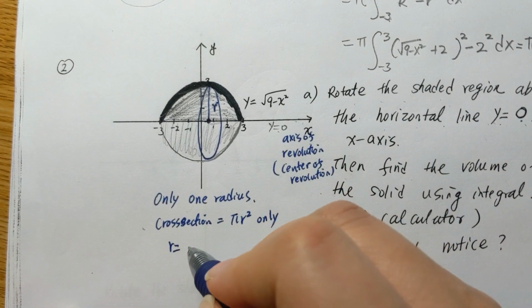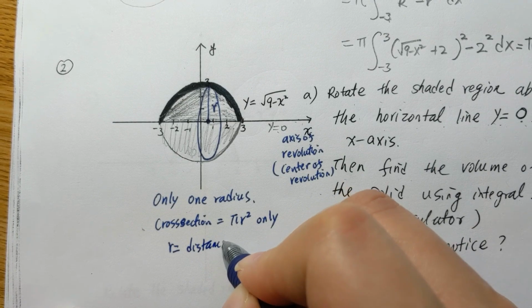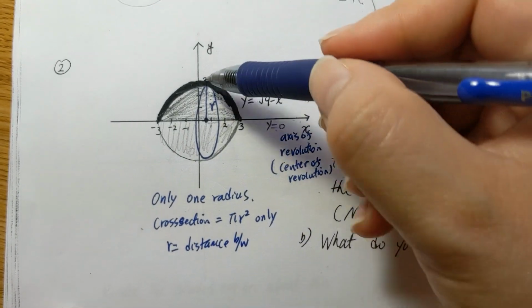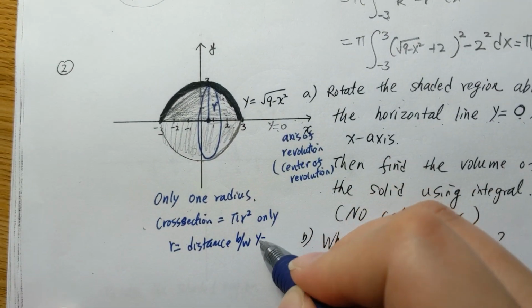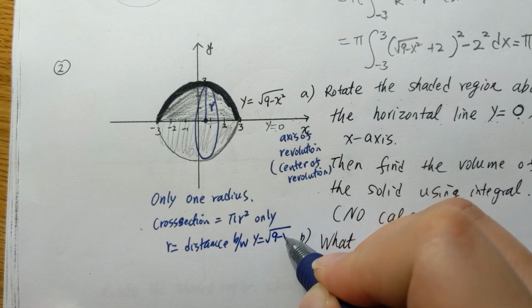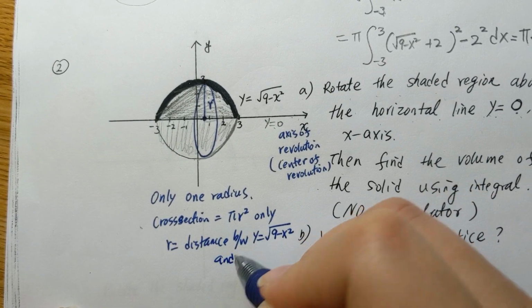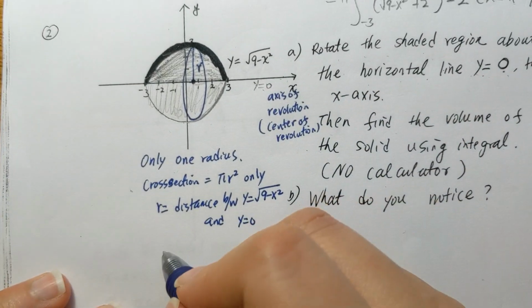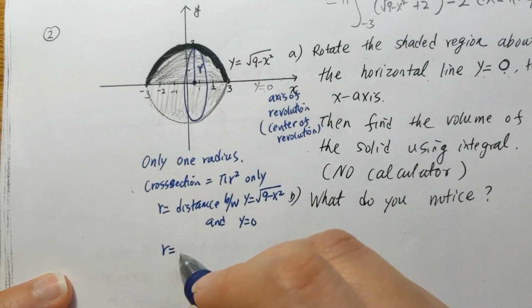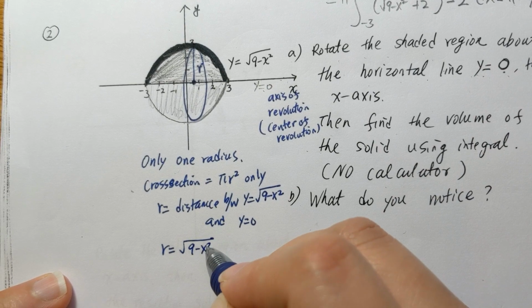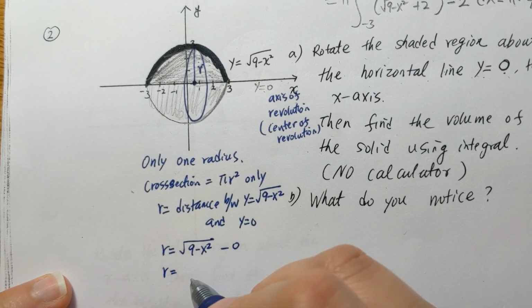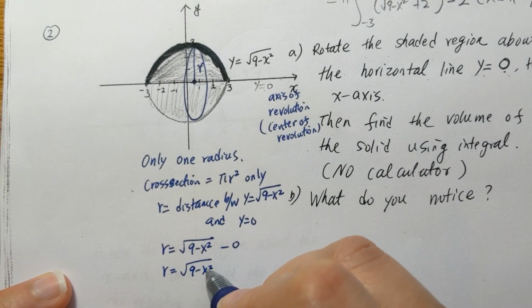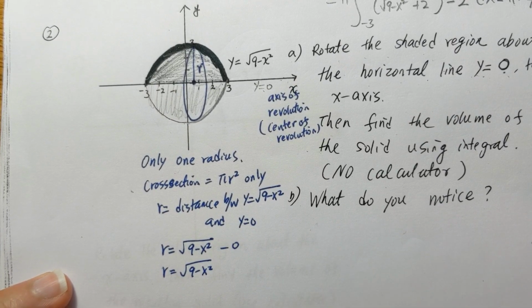So r equal to the distance between the curve it hit, which is y equal to square root of 9 minus x squared, and the axis of revolution y equals 0, which is part of it. So now r equal to square root of 9 minus x squared minus 0, and you simplify, then you will get square root of 9 minus x squared.